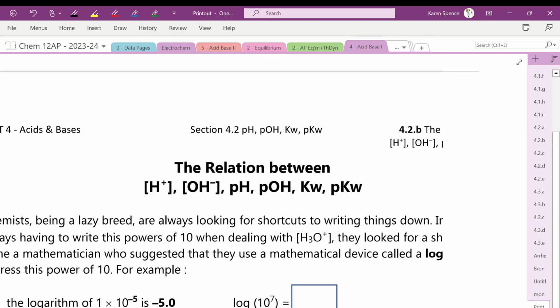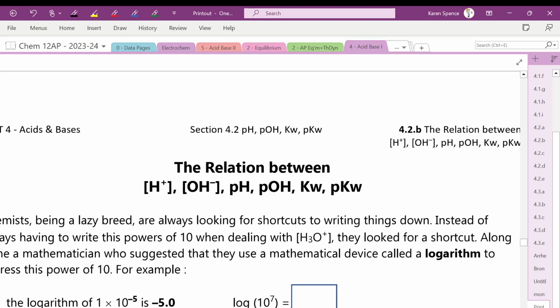Okay, the relation between H, OH, pOH, KW, and pKw, which is on page 73. So today we're going to learn all the math associated with this, okay?